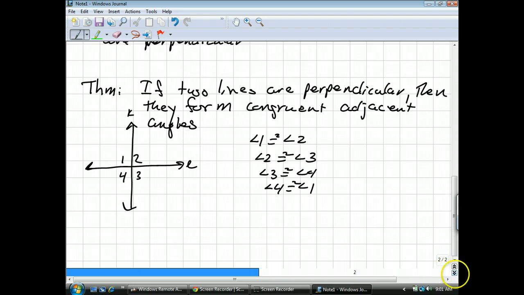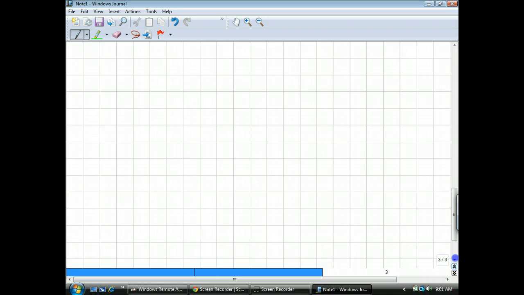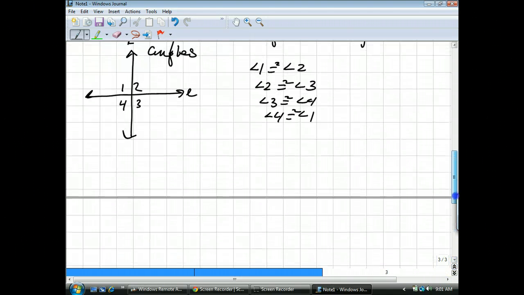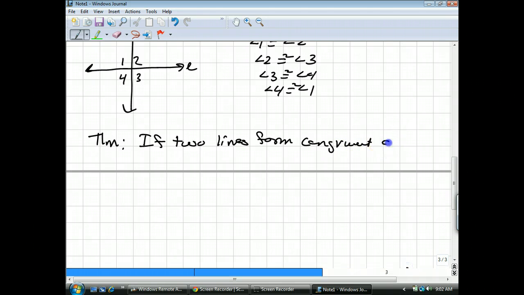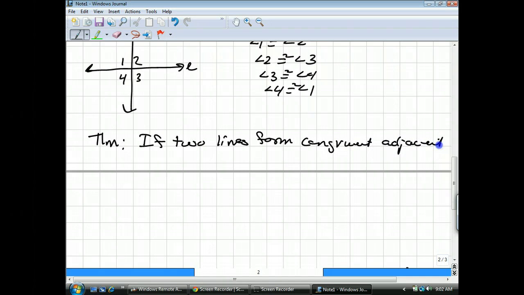Okay, so the converse is also true. This theorem says if two lines form congruent adjacent angles, then the lines are perpendicular.